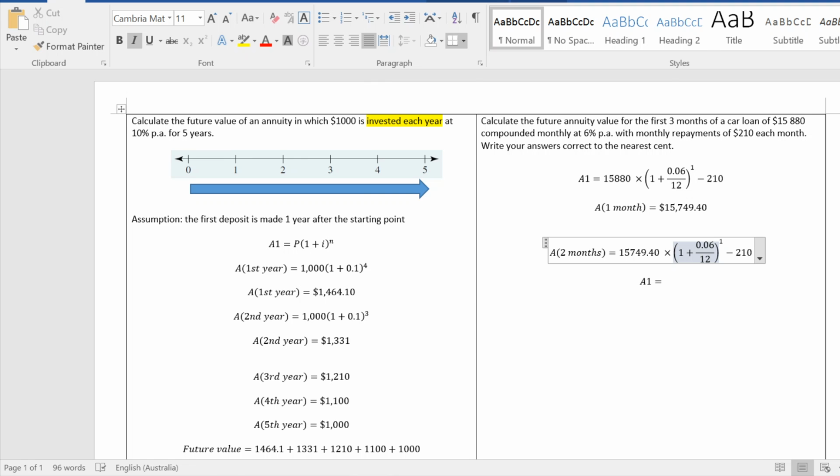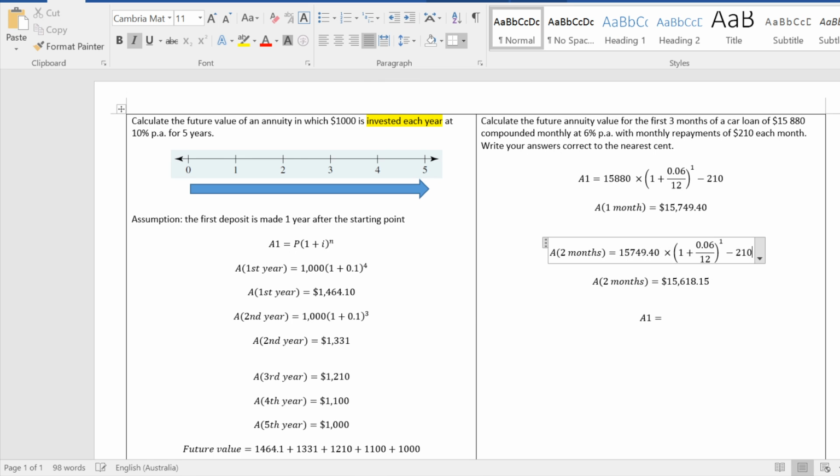So 15,749.4 times the exact same thing we just did before. This time, just copy and paste it down. I get $15,618.15. Okay, just put the units in there, make it look a bit neater. There we go. Okay, so we see how it's going down.